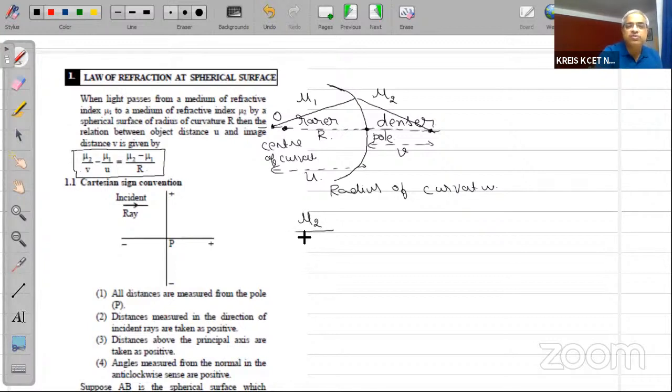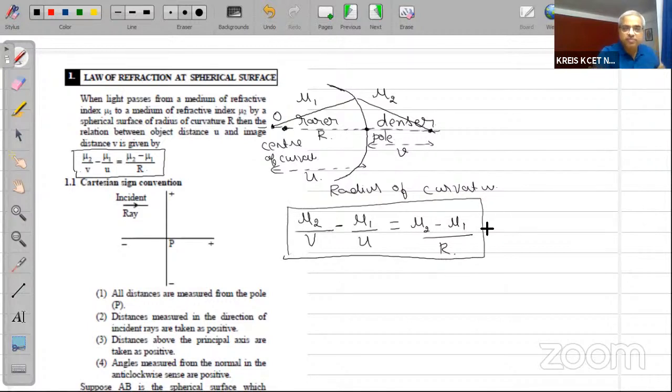Let me again tell you this: mu2 by v, that is image distance, minus mu1 by u, object distance, is equal to mu2 minus mu1 divided by r. This formula is very popularly known as the refraction formula.